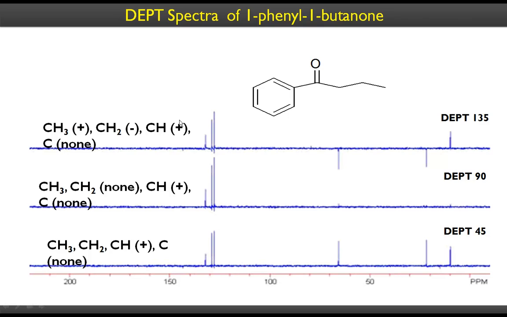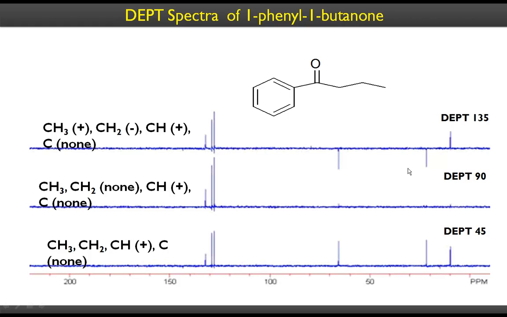Anyhow, this is a collection of different types of DEPT NMRs of this particular ketone. You have 2 methylenes, as you can see in DEPT 135. You have 1 methyl, as you can see here, positive peak, and there are 3 methynes that are seen here, right? So they are also seen in DEPT 90. So something seen in DEPT 90 as well as positive peaks in DEPT 135 must be CH, okay.